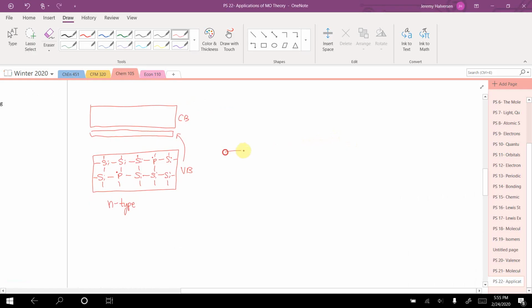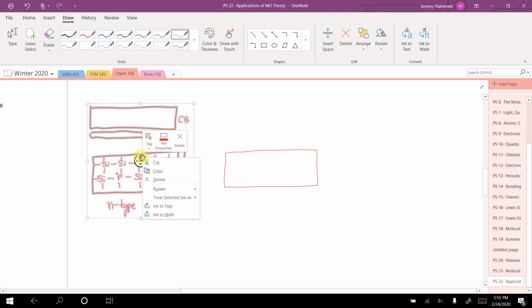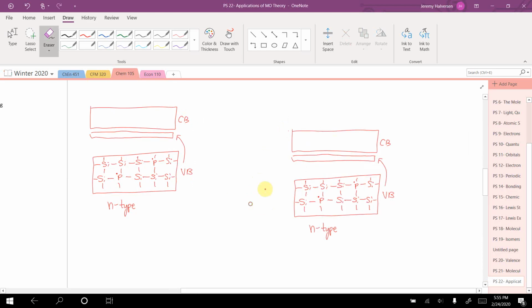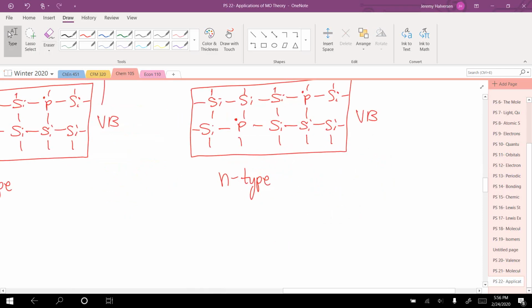So then you can imagine that we could do the other. Let's just copy that, paste it right there. Okay, what if instead of phosphorus, I decided to dope this not with phosphorus but with boron.